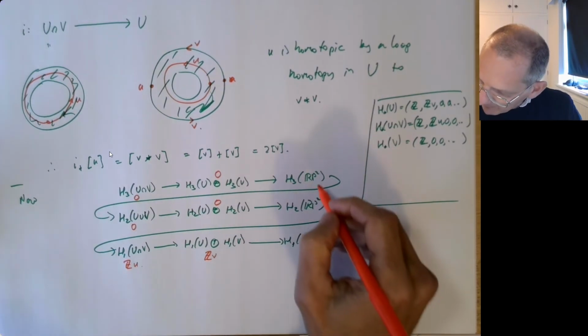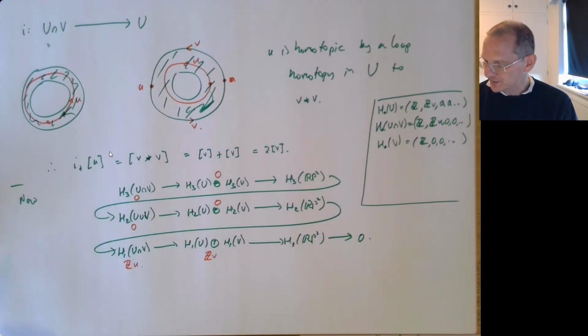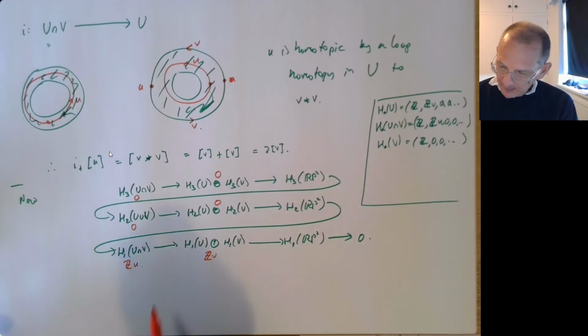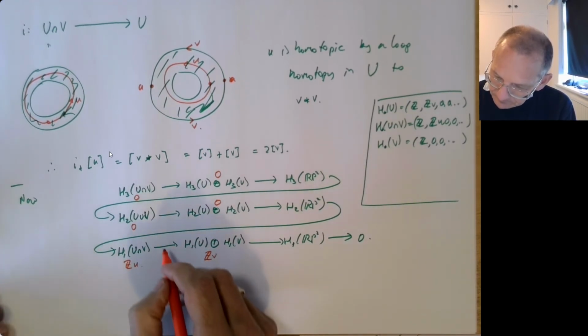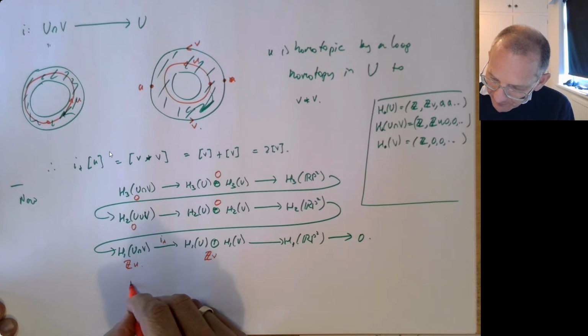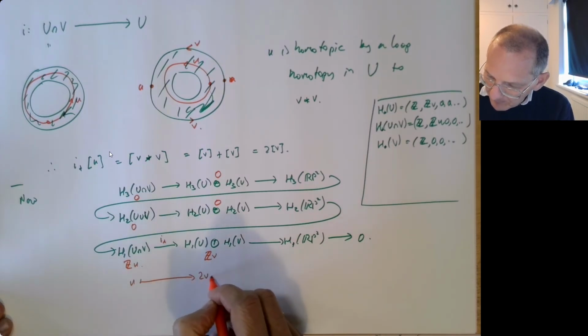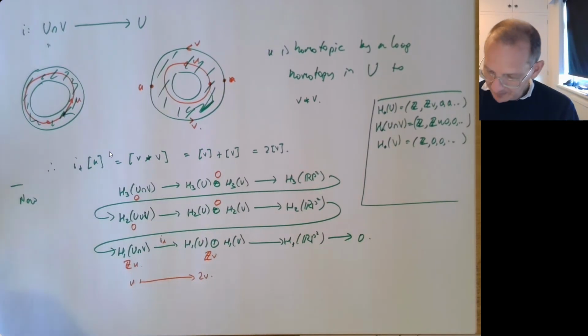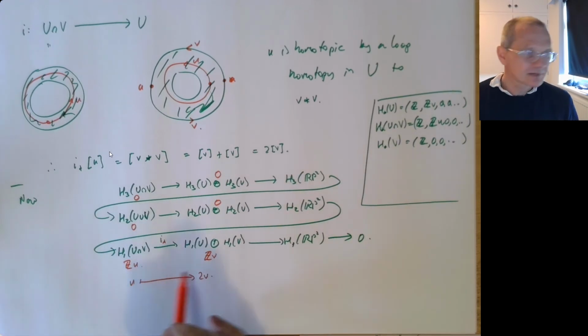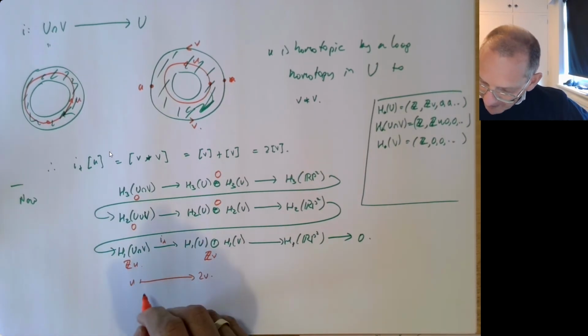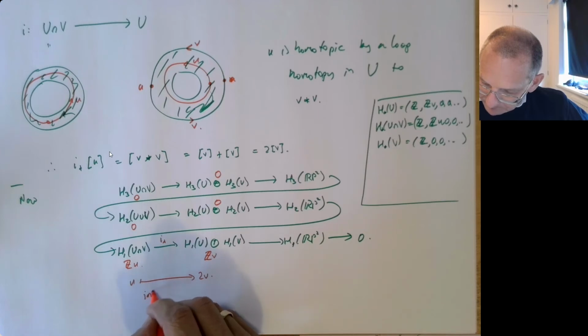And then over here we've got the homology of RP2, which is the thing that we're really interested in. This was mapped with i lower star, so U goes to 2V here. And this is basically just multiplication by 2 on Z, so this is an injective map.